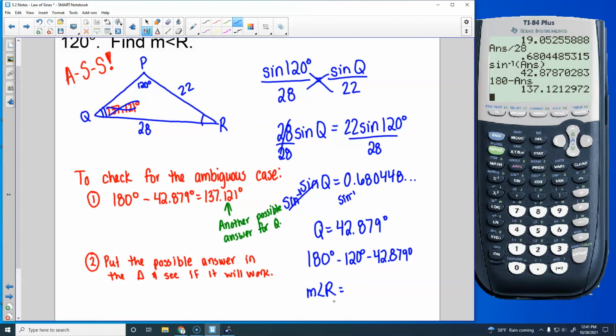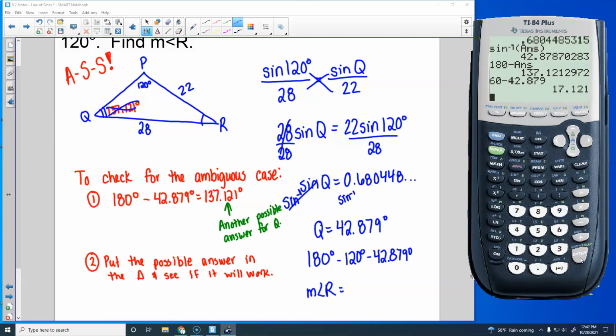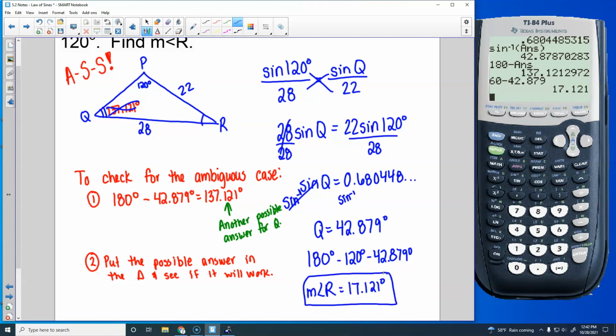Again, if you guys had really had geometry, I would have stressed that, but they destroyed geometry whenever they chopped it up and put it in Math 1, 2, and 3. So you guys won't necessarily know what I'm talking about there. So 42.879 is going to give us 17.121. So 17.121 degrees is our answer for the measure of angle R.